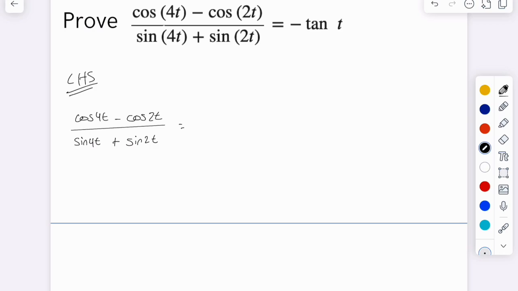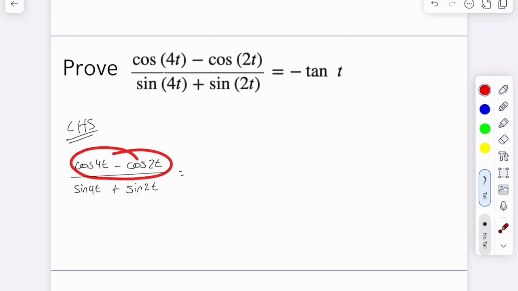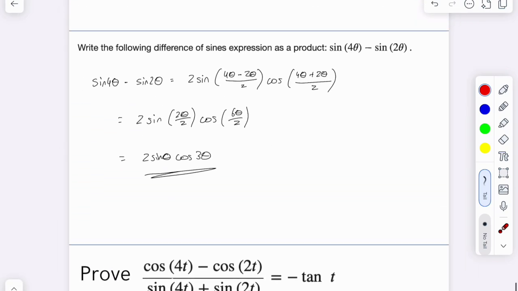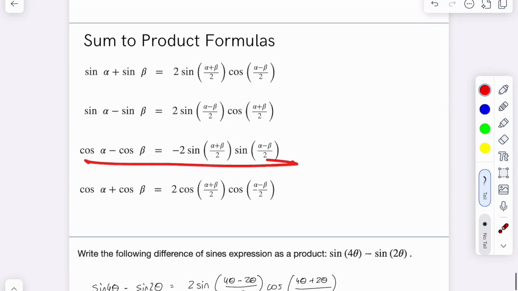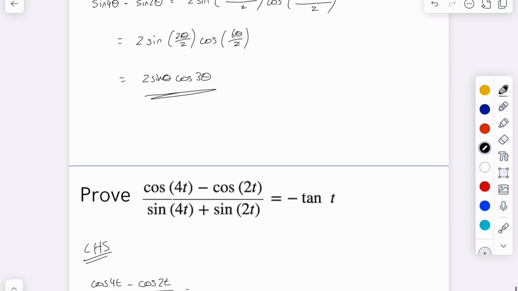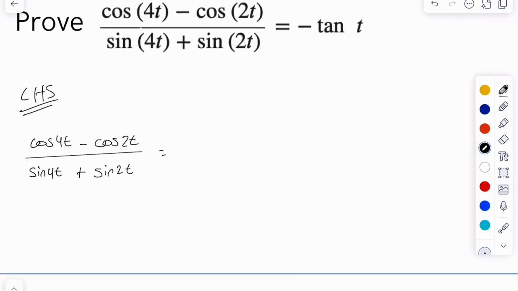Okay, so cos alpha minus cos beta over here, right? So what do we get? Minus 2 sine of (4t plus 2t) over 2 times sine of (4t minus 2t) over 2.